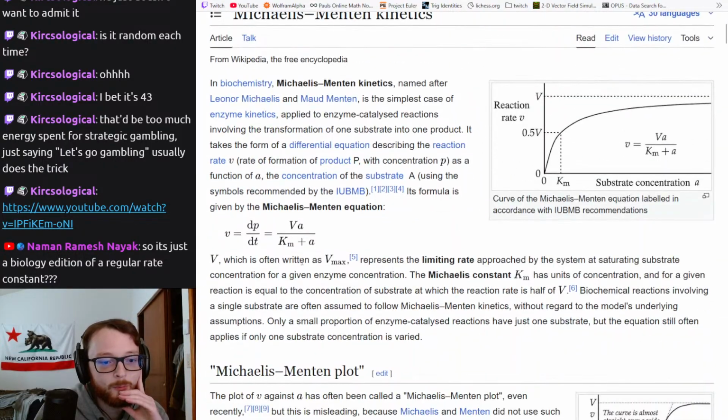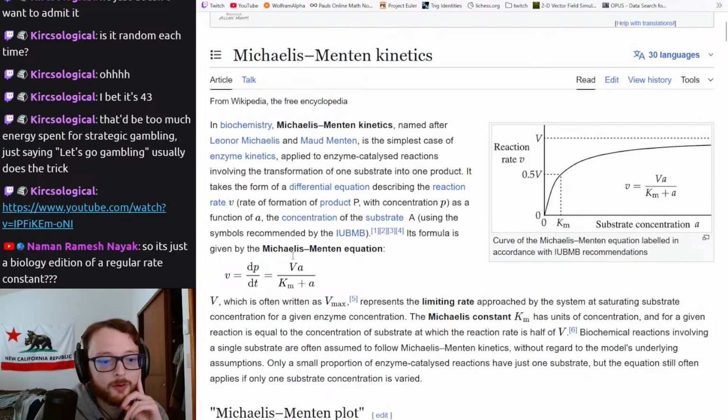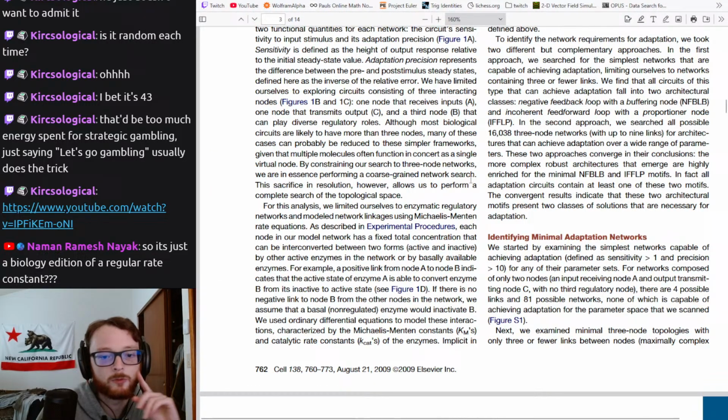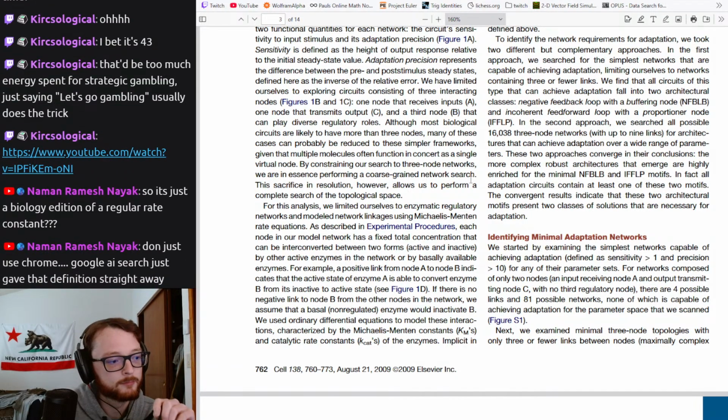So this Wikipedia page is really just about a single enzyme. And in our paper, we have 3 different enzymes, each with their own equation.